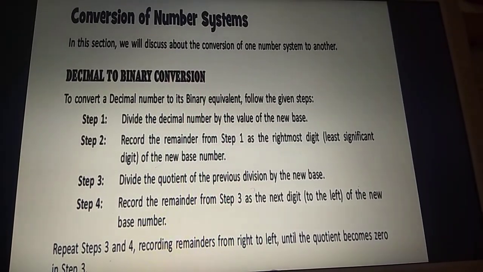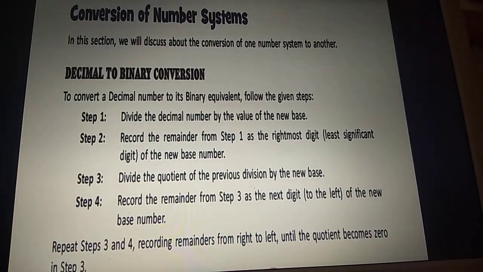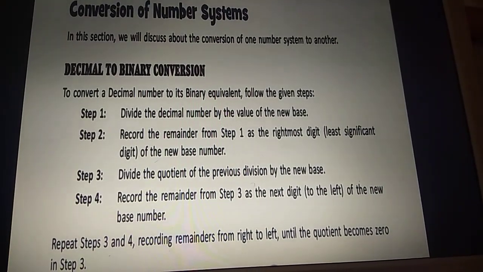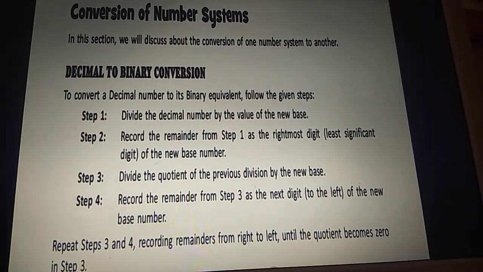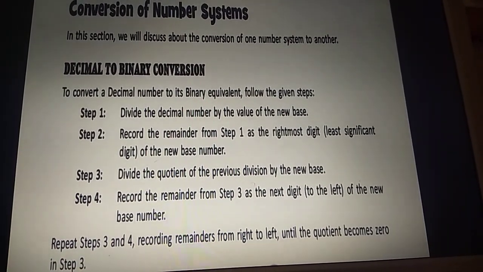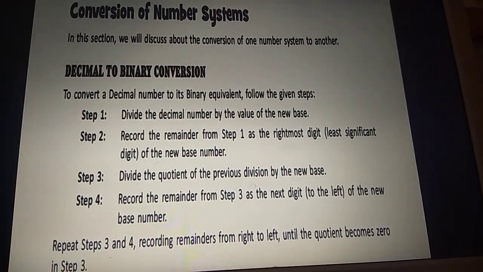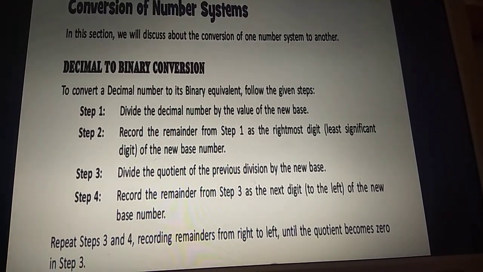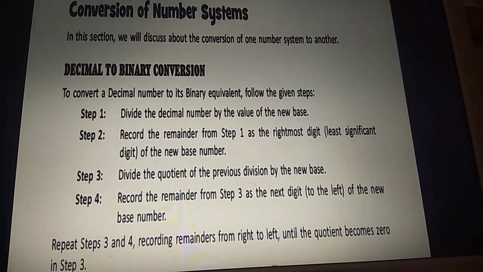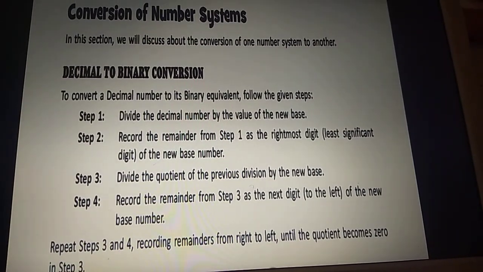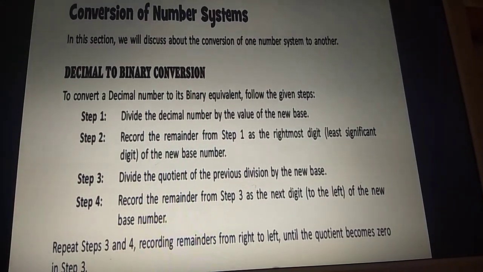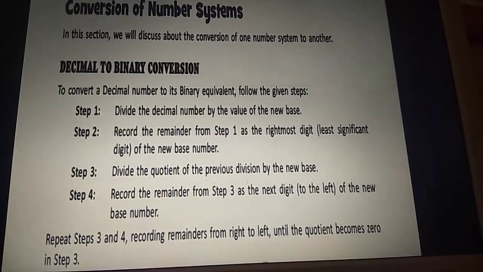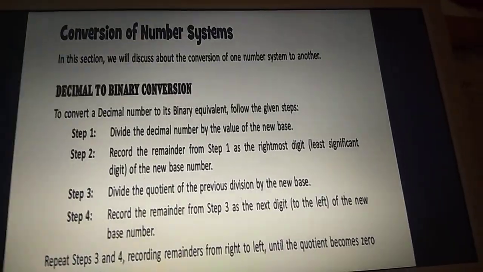We will repeat this step till the quotient becomes 0. So you can say that we will start dividing the number by 2, recording the remainder, and then divide the quotient by 2 again, and it will go on until the quotient becomes 0.